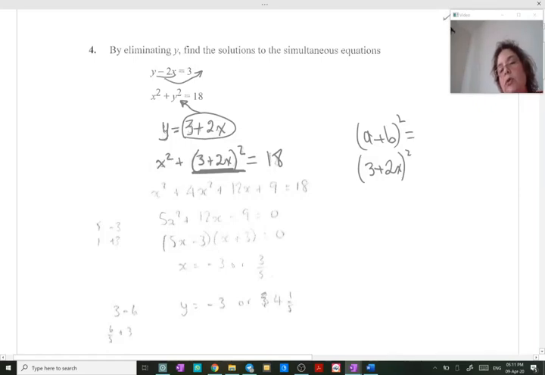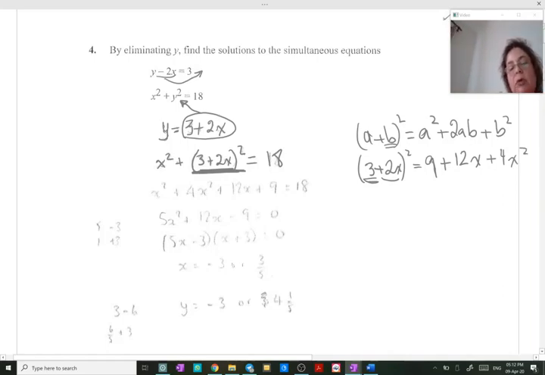So first you square the first term, so squaring 3 is 9, plus 2 times the first times the second, so you multiply 2 times 3 times 2x, you get 12x, plus squaring the second, so squaring b would give you 4x squared, and this is what we got here.